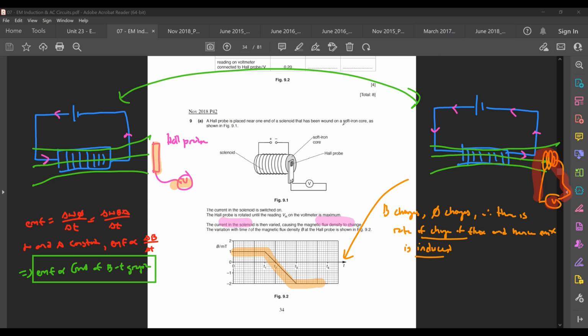To save your time, next time when you go through your exam, just remember it's always the gradient. I have yet to see a different case where they don't use the gradient. This one here, gradient 0, EMF 0. This one here, gradient 0, EMF also 0. This part here, gradient constant, EMF would be constant.